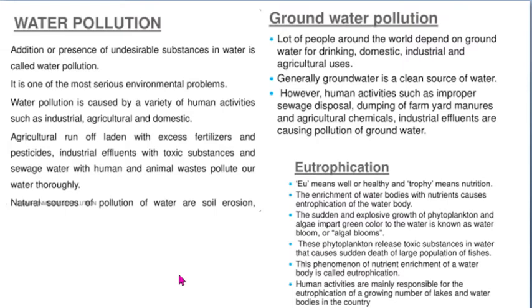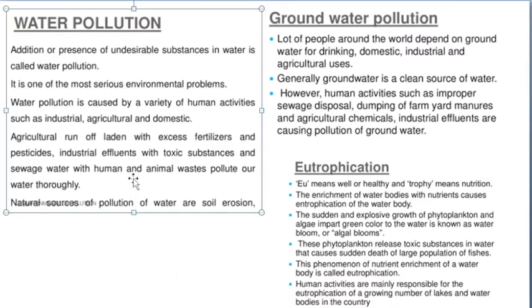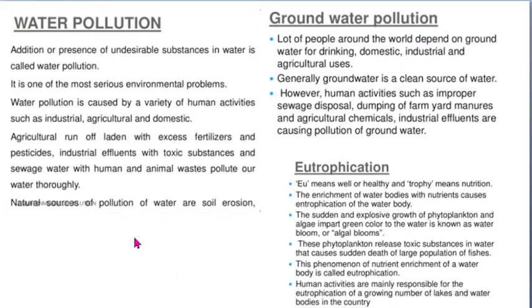One of the important natural sources of pollution of water is soil erosion. As we know from our previous, first class, water is stored in three places: surface water, subsurface water and groundwater.